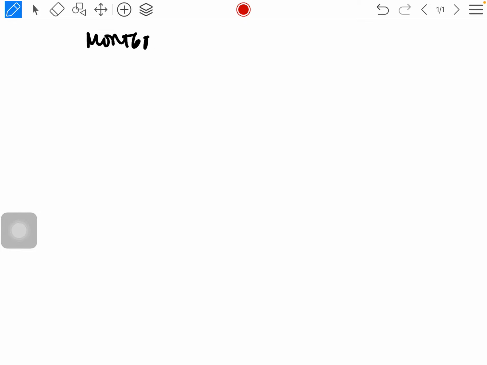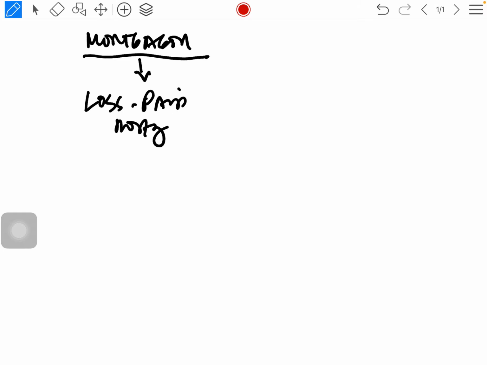Furthermore, when you have a mortgagor procuring the insurance, in case of a loss, the loss is paid to the mortgagee.